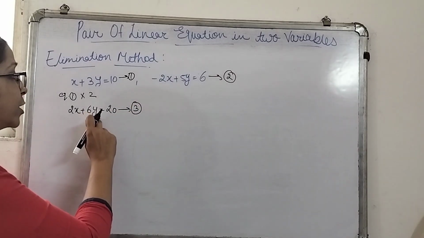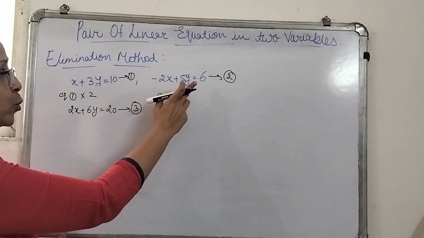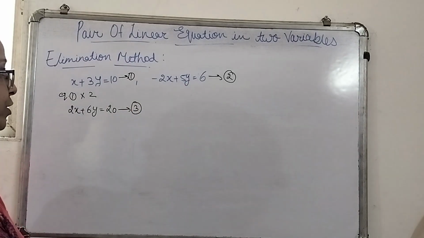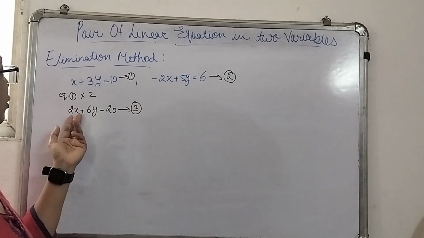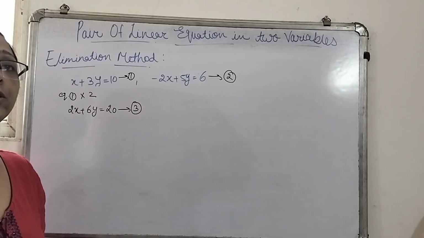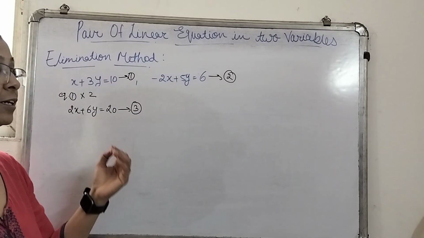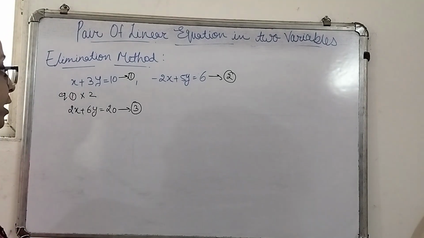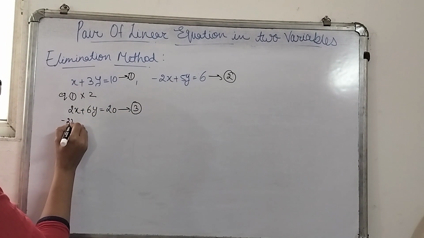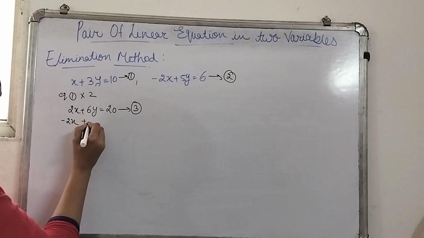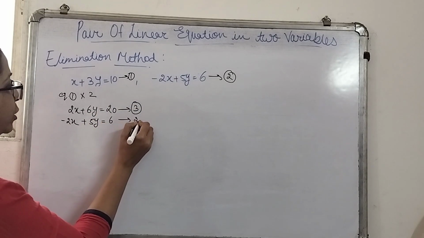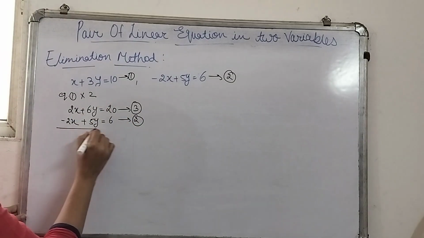If we add equation number 2 and equation number 3, the coefficients of x will be opposite, and that's the reason they are going to cancel and we will get an equation in one variable only. Now let's see, we are writing it over here: -2x, equation number 2, plus 5y is equivalent to 6. This is your equation number 2 and we are adding these two equations.